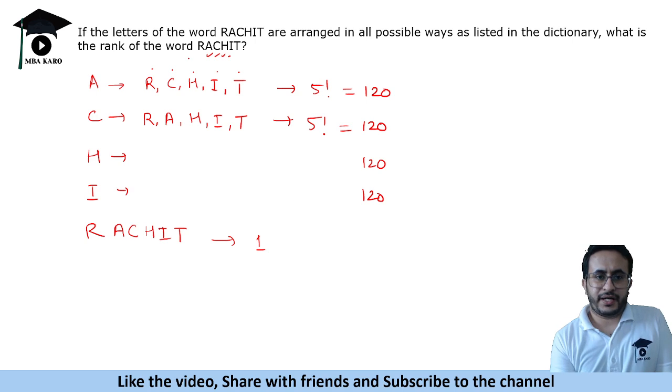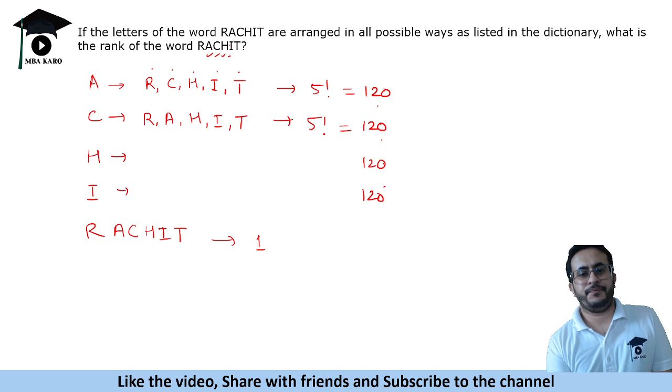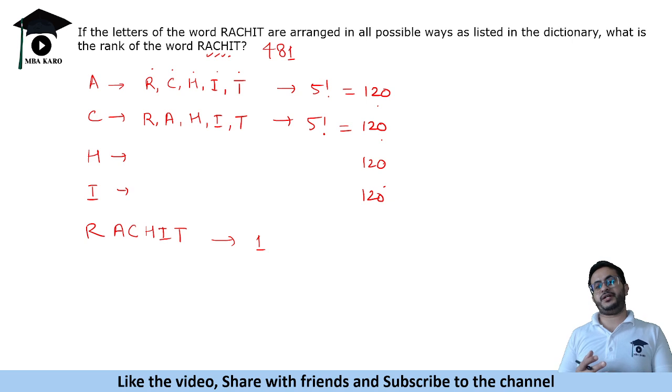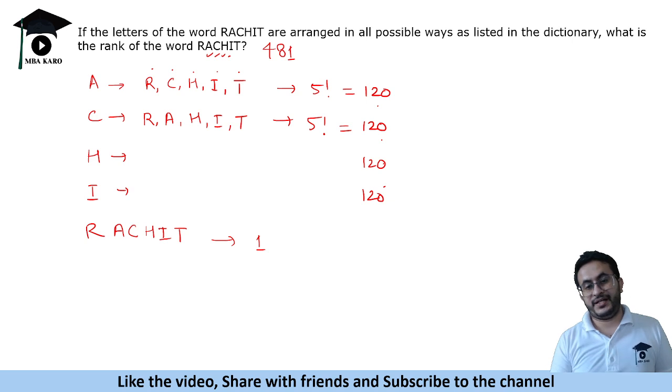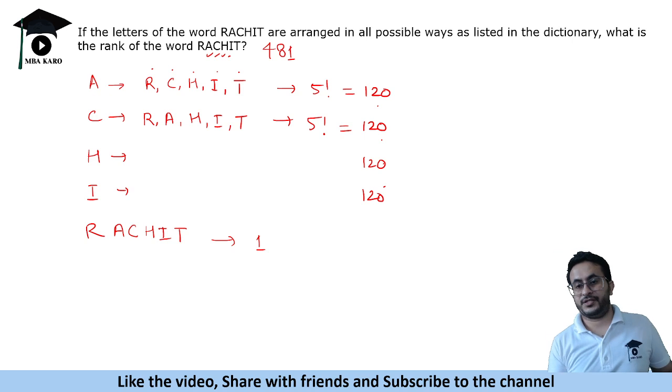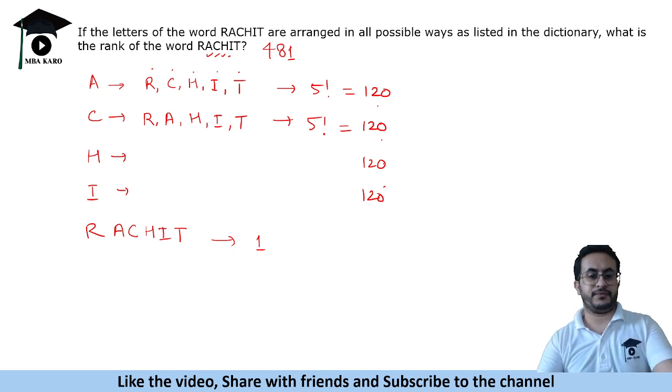So what is the rank of this word? So we have 120, 120, 120, 480 plus 1. The rank is going to be 481. So we found out the number of words using each of the different letters, and when we start with R, the very first word is Rachit. So we will get the answer as 481.